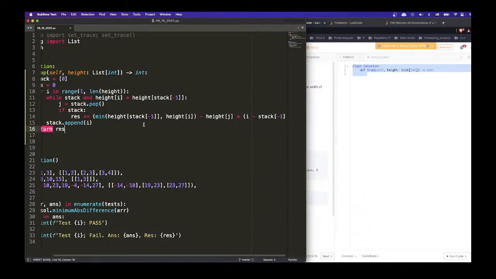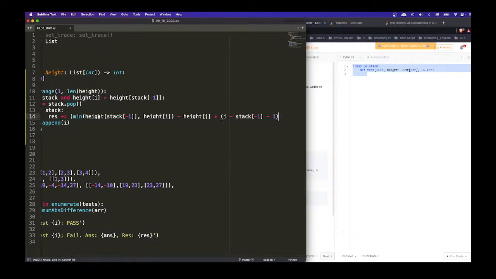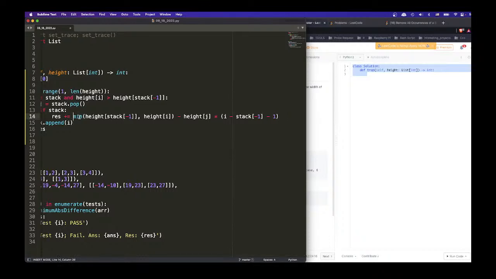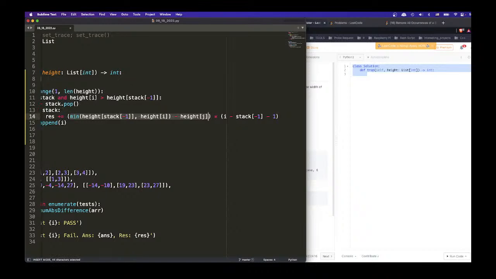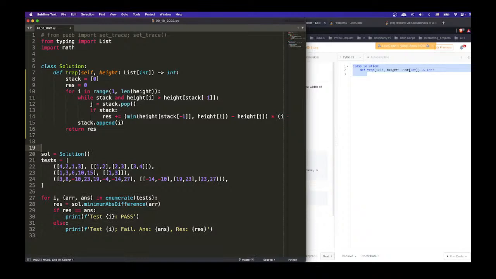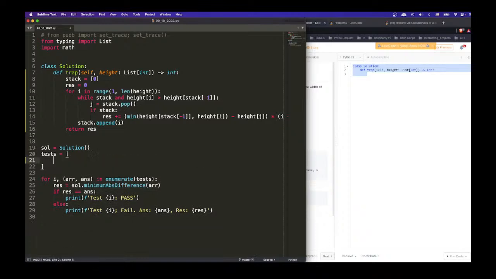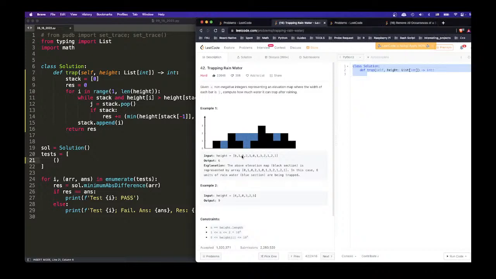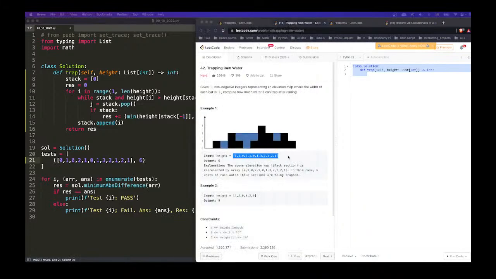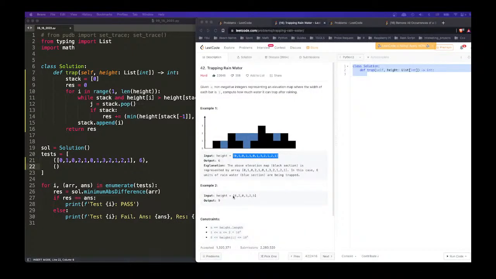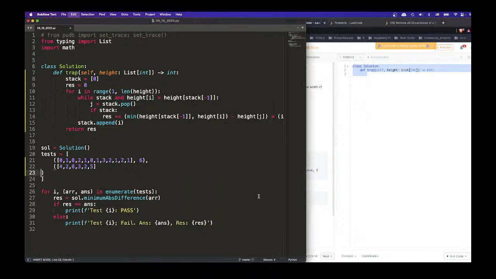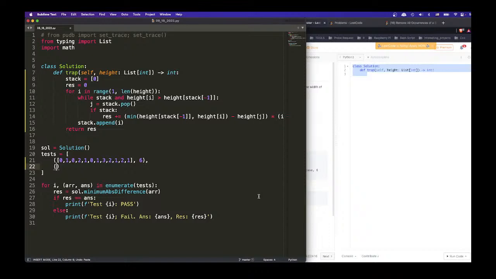Something is not right. Probably forgot, yeah, I don't need this. Minimum this minus this. Oh, I do need. There we go. Alright, let's try it. One of the most classic tough questions. It's already early, 42. Nine.